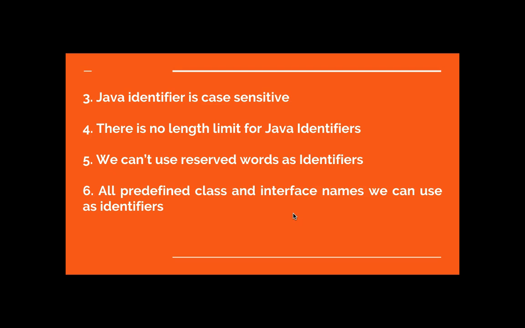Fourth, there is no length limit for a Java identifier. Fifth, we cannot use reserved words as identifiers like if or for. Last, all predefined class and interface names we can use as identifiers, like String or Runnable, but it is not recommended as it reduces the readability of the code. I hope you can understand Java identifiers.